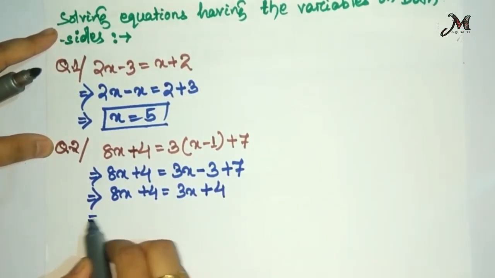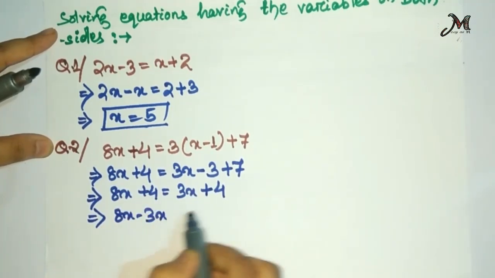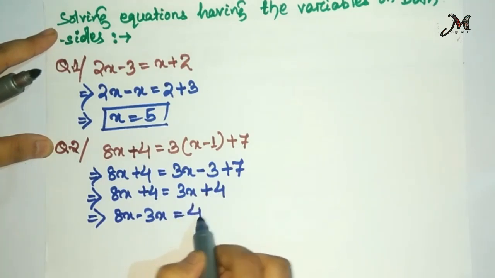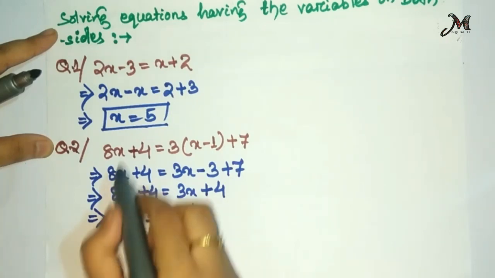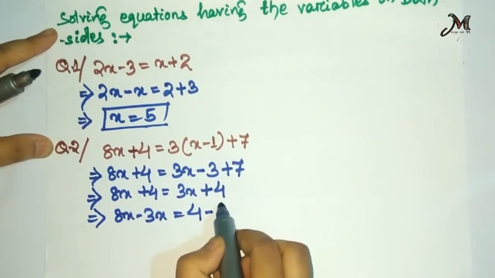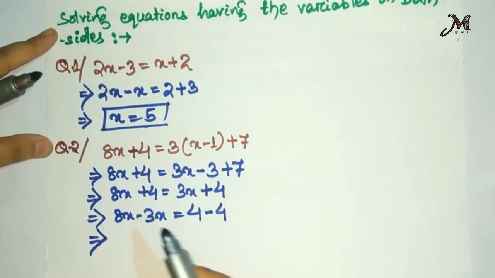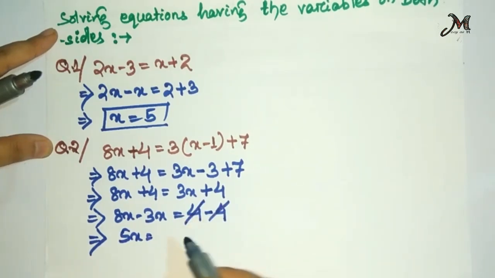Clear? Now solve 8x minus 3x is equal to 4, which is on the right hand side, and this 4 on the left hand side will be transposed to the right hand side and it will become minus 4. Okay, so 8x minus 3x is equal to 5x. Now 4 minus 4 will be cancelled out and it will become 0.